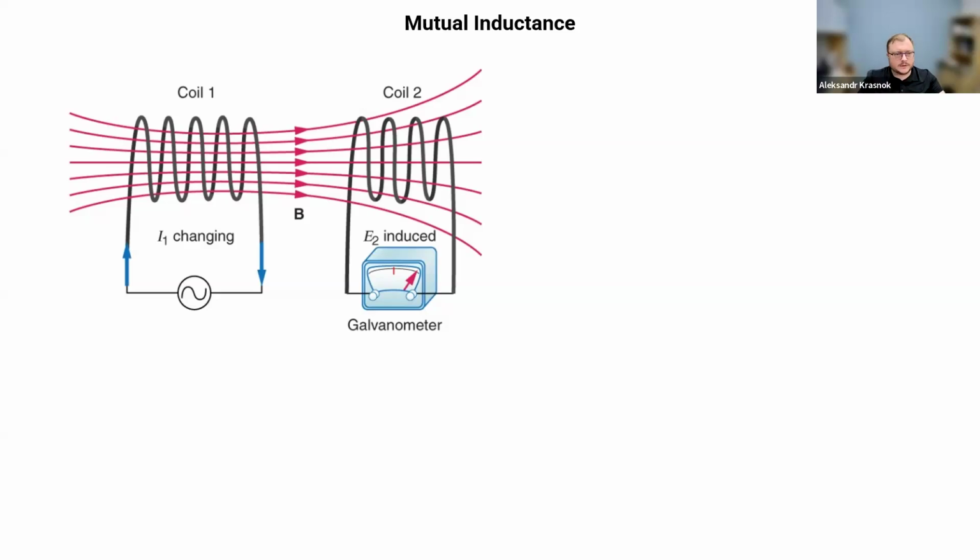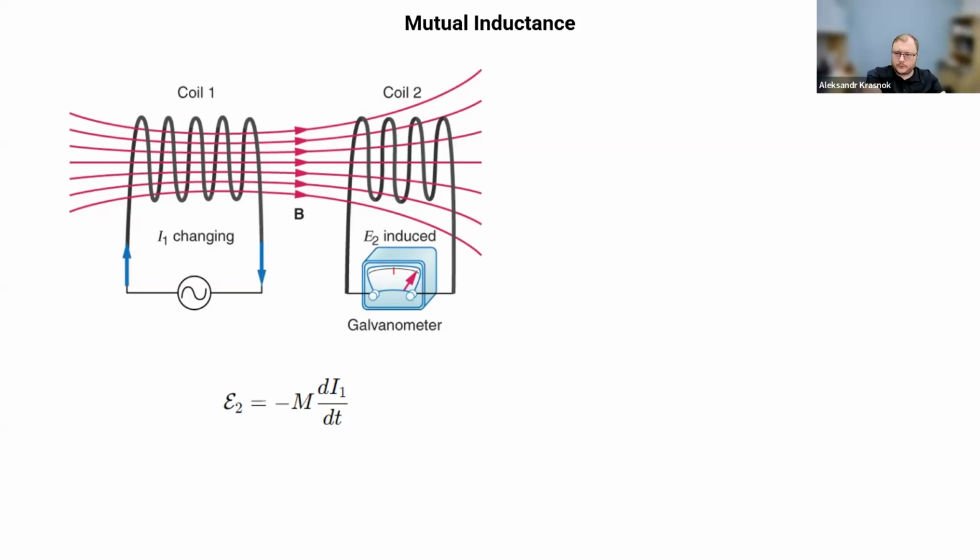But the magnetic field around this coil 1 changes, and this changing magnetic field of coil 1 creates a change of the magnetic flux in the second coil, right? This change of magnetic flux in the second coil, due to Faraday's law, creates the electromotive force in the second coil.